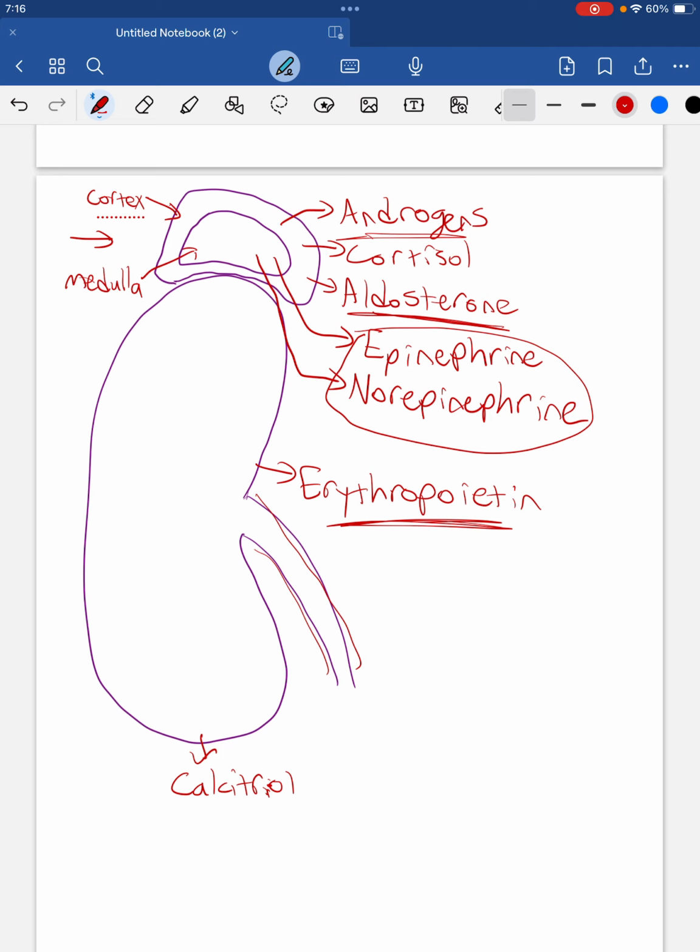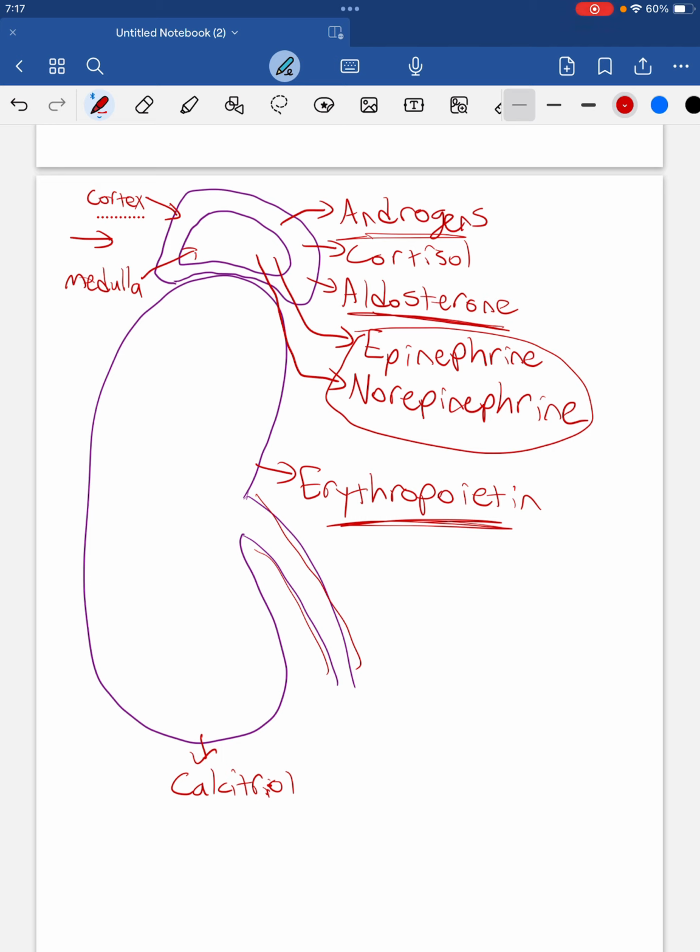Mineralo because it deals with minerals like sodium. Okay, so aldosterone increases blood sodium level, and this increases our blood pressure because sodium encourages the body to retain fluid, which would increase our blood volume, right? We'd have more fluid within the plasma of our blood, increasing our blood volume and increasing blood pressure. So if our blood pressure went down, aldosterone helps to try to bring it up. Okay.